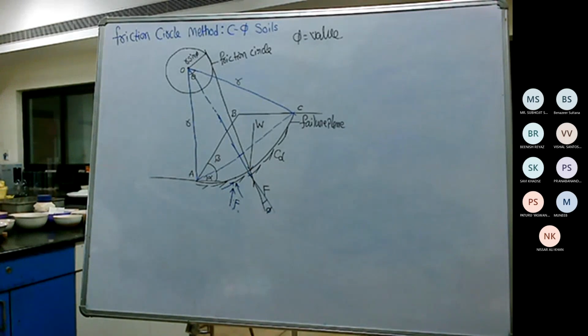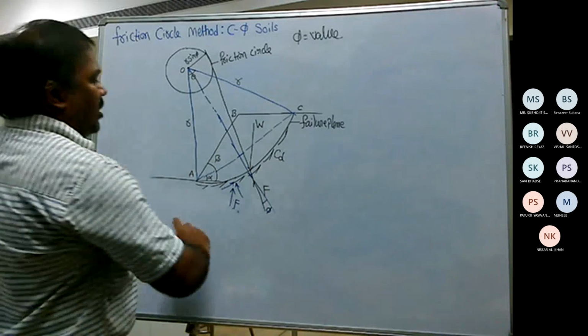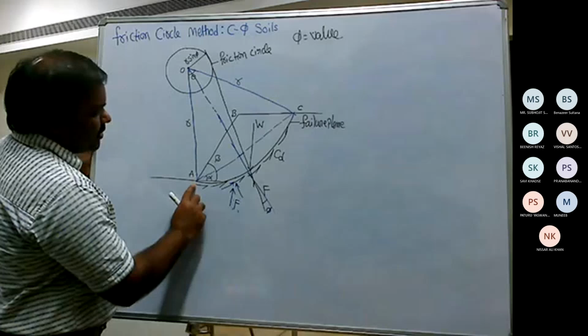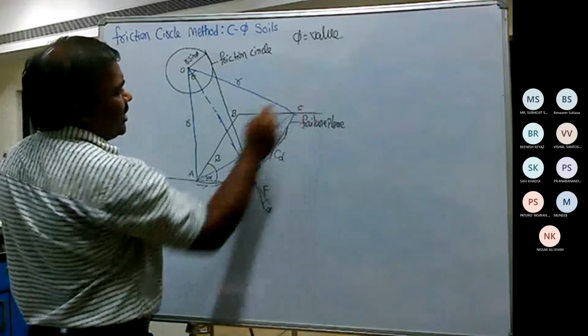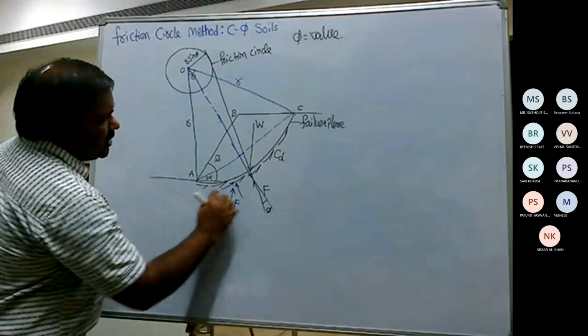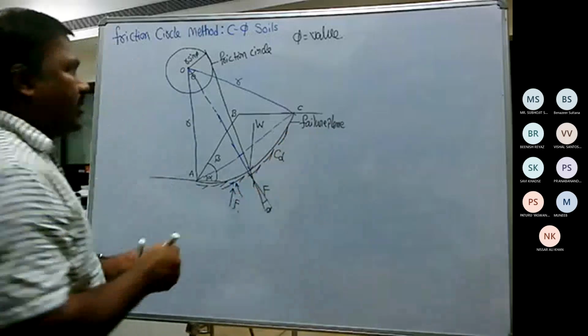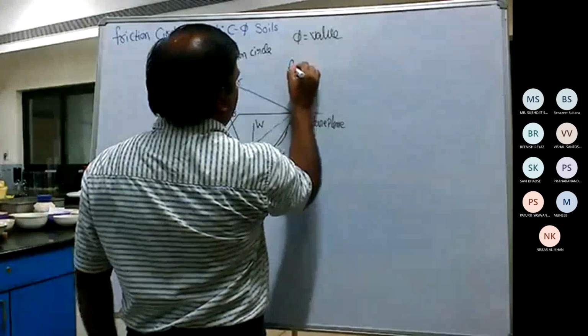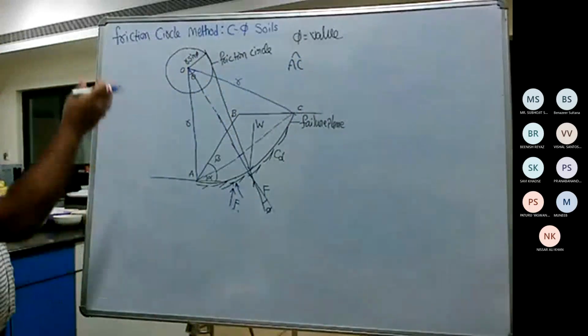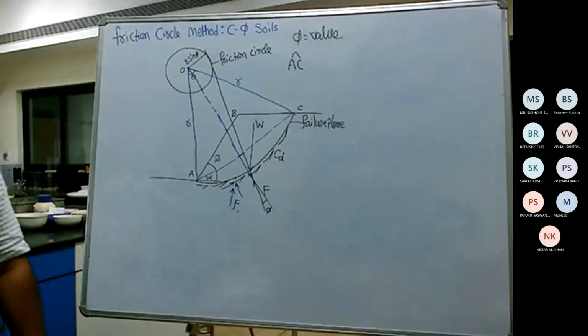Now there is another assumption also that is made. Here I can assume two things, A to C. Suppose I take A to C, so A to C is an arc. AC can be represented as an arc, which is nothing but r theta.